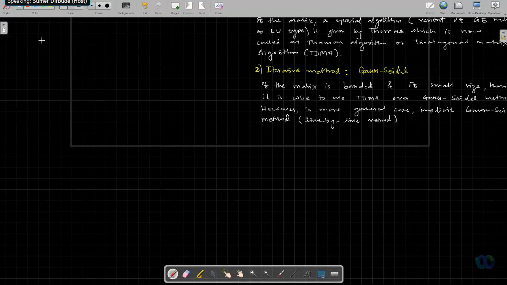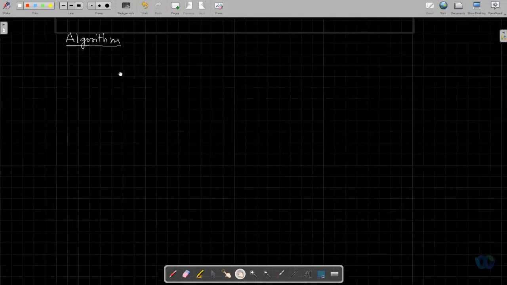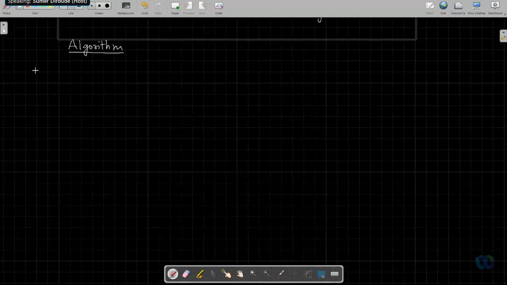Now today we'll see the algorithm to use this TDMA algorithm on computers. So first thing first, you have to initialize all your variables.